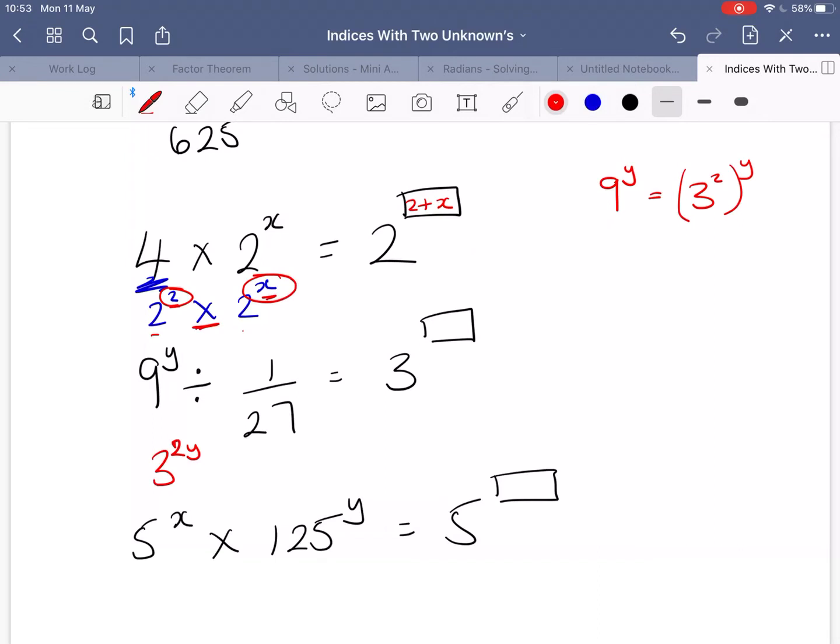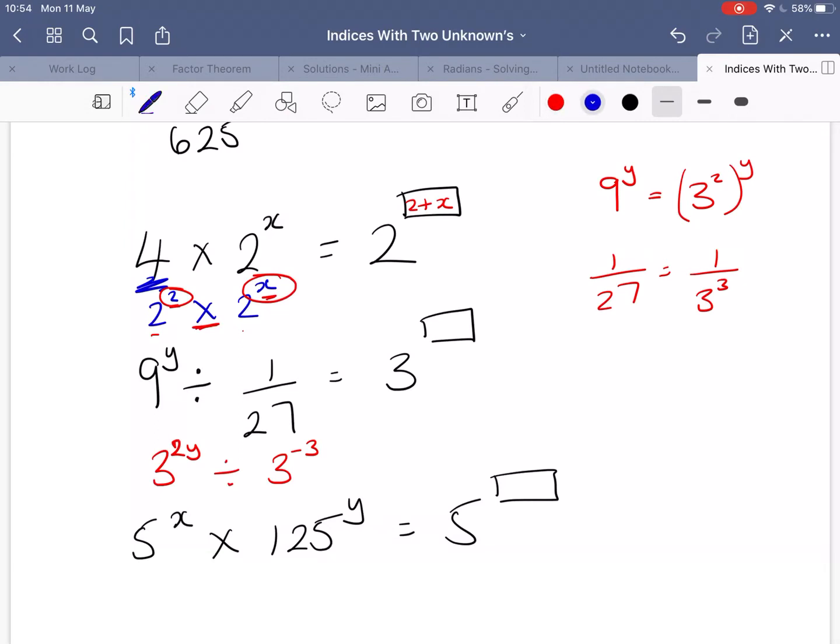I've then got to think about what 1 over 27 is. Well, that's 1 over 3 cubed. So that is 3 to the minus 3. So I'm doing 3 to the power 2y divided by 3 to the power of minus 3.